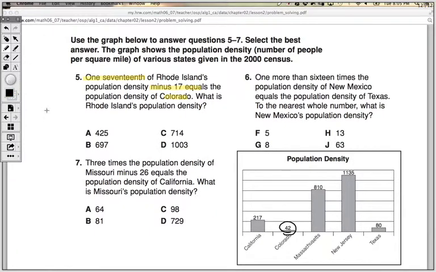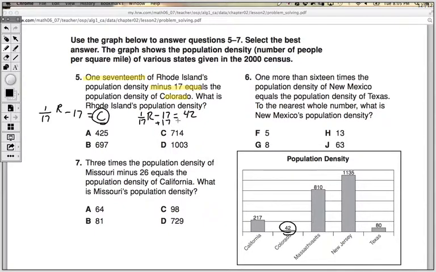So that means we got 1/17 of Rhode Island, let's call it R, minus 17 equals Colorado. Now we know Colorado, so I'm going to fill that one in. That means 1/17 R, Rhode Island, minus 17 equals 42. All right, so let's work this out from here.